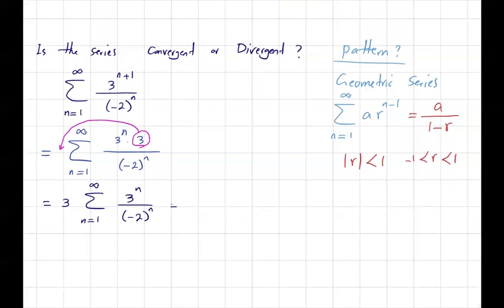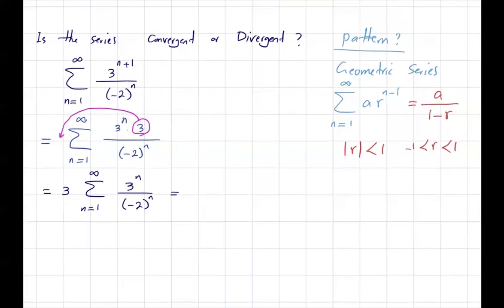But between these two, you can write it with one exponent. So you have 3 times the summation of (3 over -2, or -3/2) to power n, starting from 1 and going to infinity.